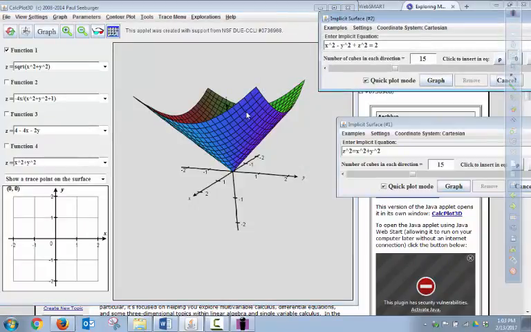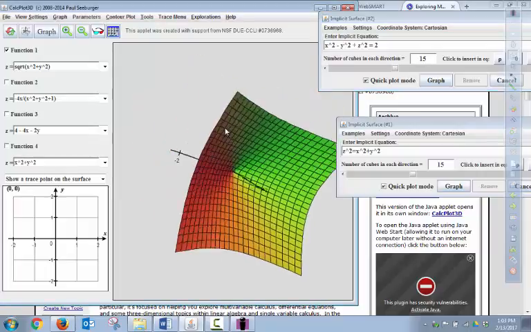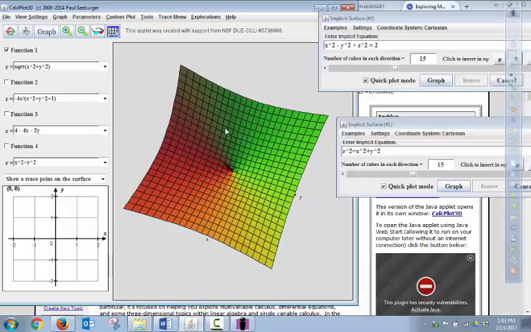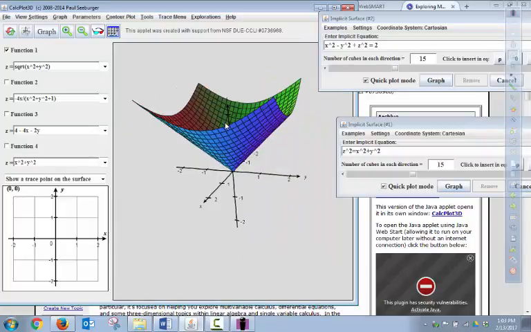Notice now that this doesn't look like my other cone. My other cone looked a little nicer, actually looked like a cone. This looked like a square piece of paper that got folded. That's because it actually is a square piece of paper that got folded. And that's dependent on your domain. We talked a little bit about that, the domain business.